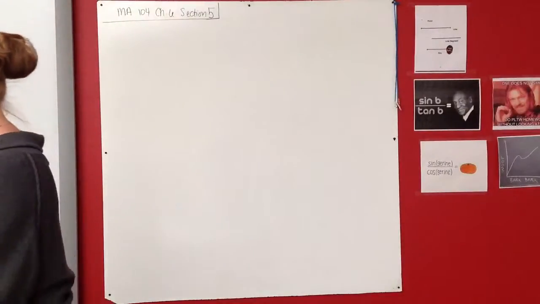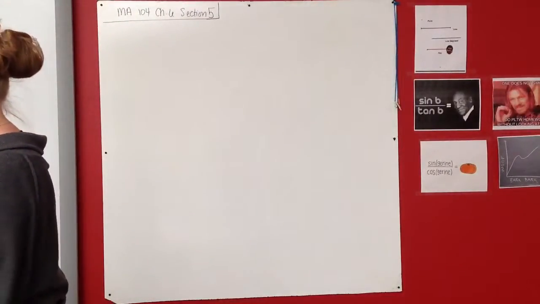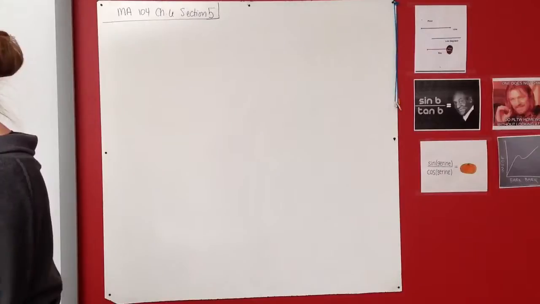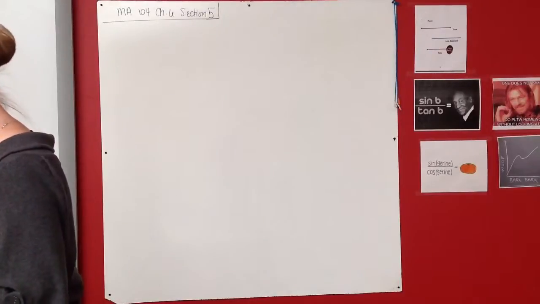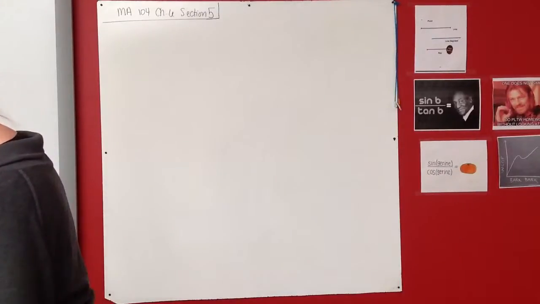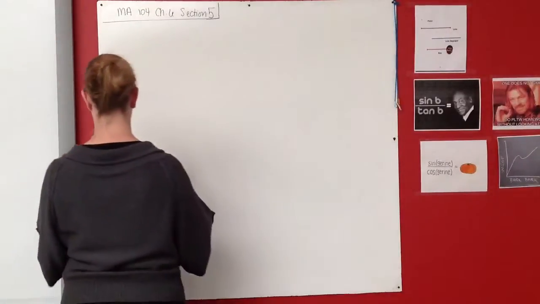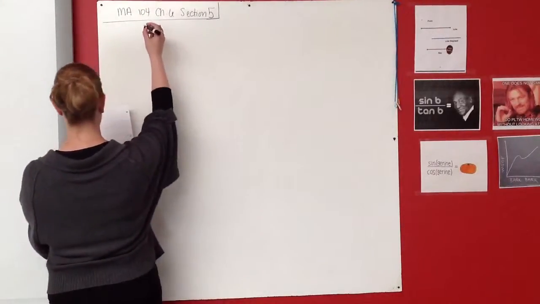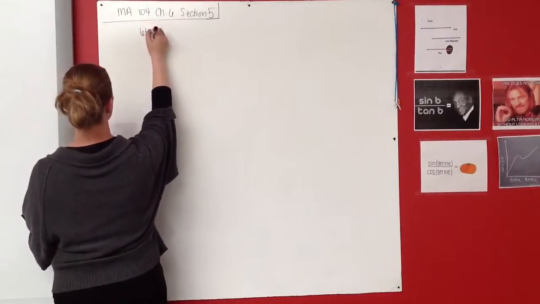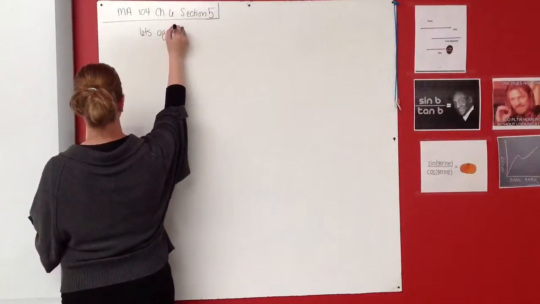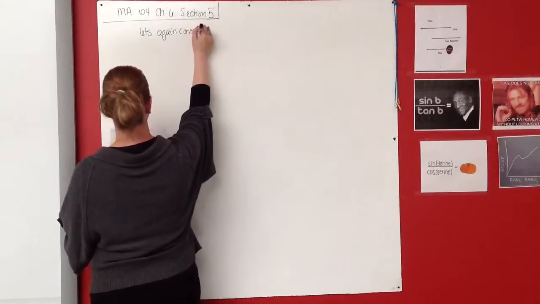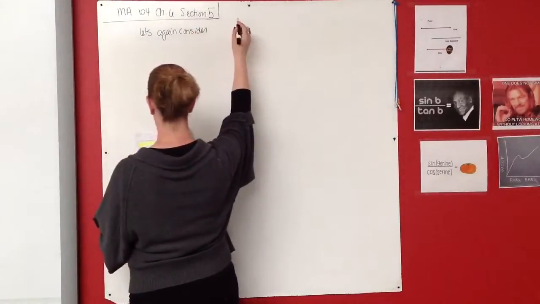In Chapter 6, Section 5, we start getting into circular functions, graphs, and properties. All right, so let's again consider a radian measure in the unit circle.